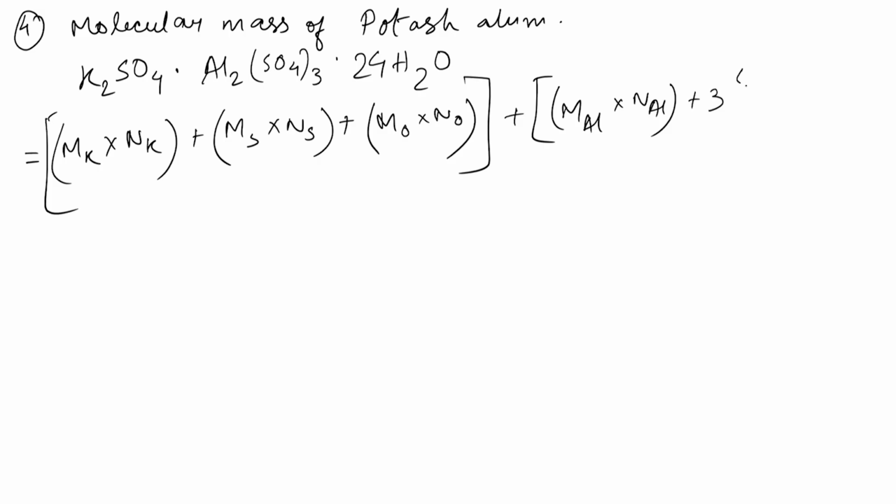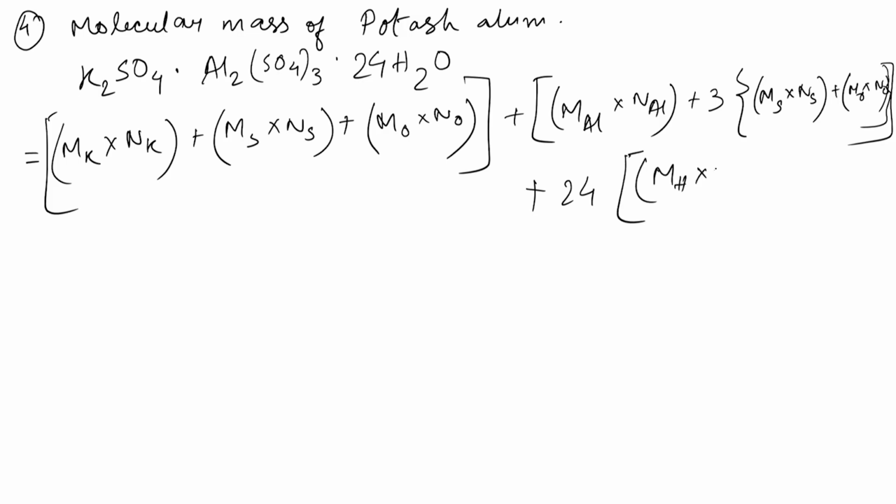So 3 into mass of sulfur into number of sulfur plus mass of oxygen into number of oxygen, okay, plus 24 multiplied by mass of hydrogen into number of hydrogen plus mass of oxygen into number of oxygen.